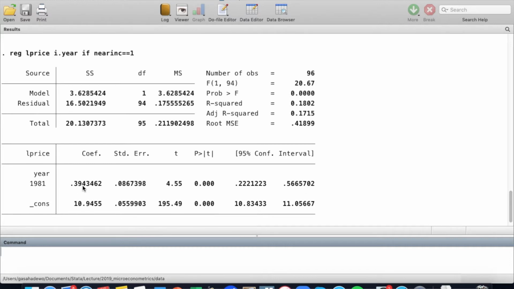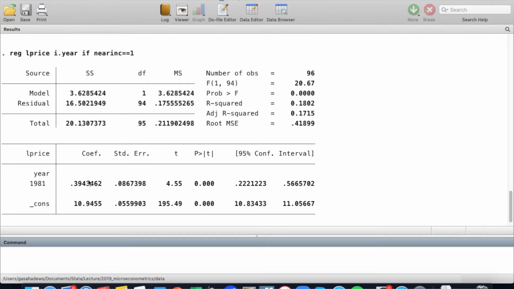Now, again, we have to be careful that we don't want to use this as an estimate of the impact, because a lot of things changed between 1978 and 1981. So we cannot really attribute the 39% change to the garbage incinerator.